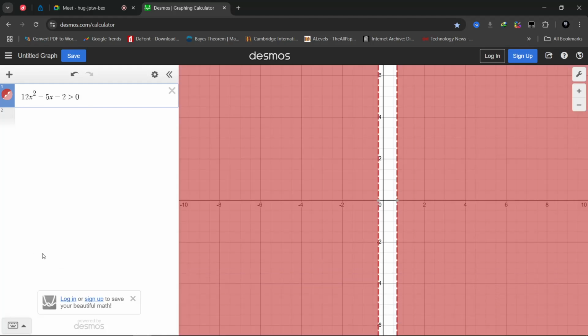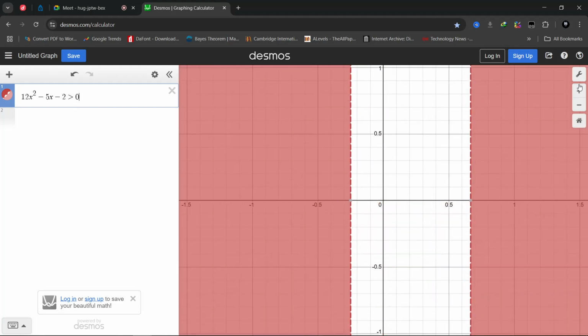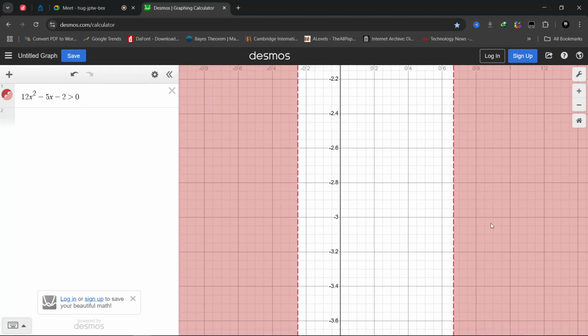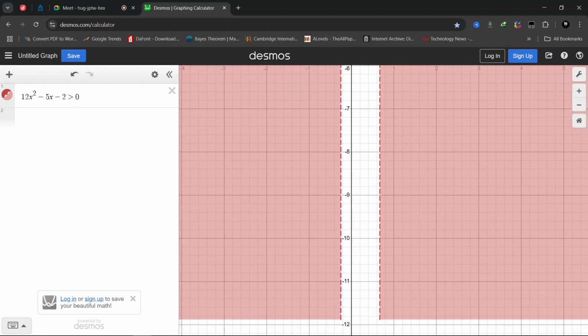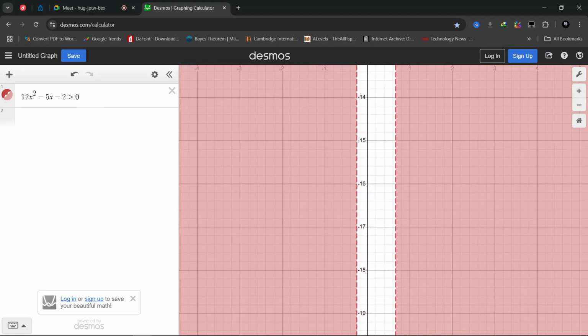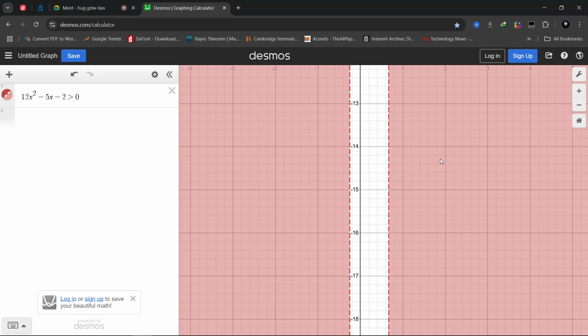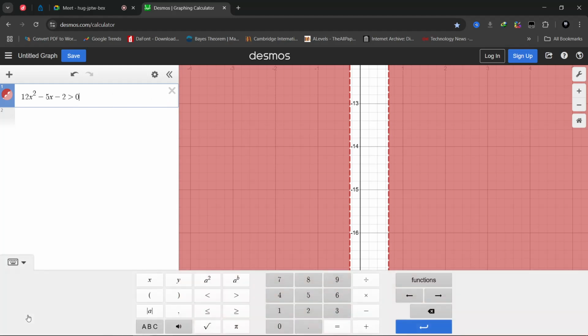We'll minimize this for a second and let's zoom out. Hold on, let's zoom in. First things first, let's put it as equal to 0.